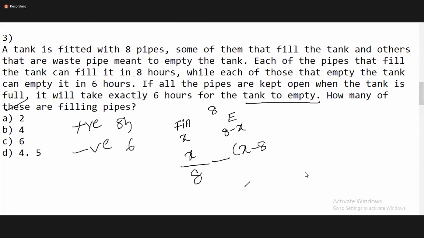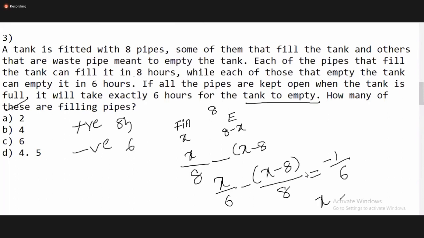Yeah, x by 6 minus (x minus 8) by 8 equals plus or minus 1 by 6. If you solve this, what is the x value?